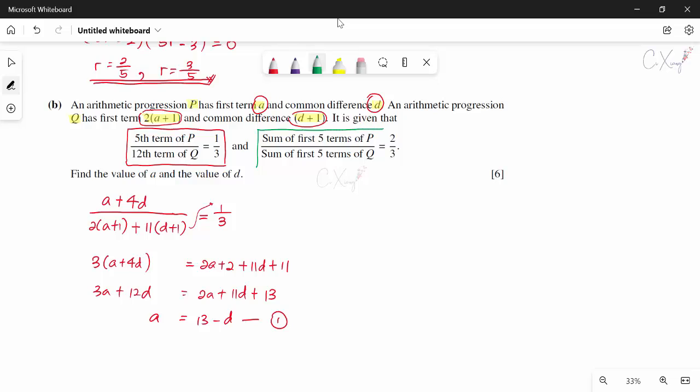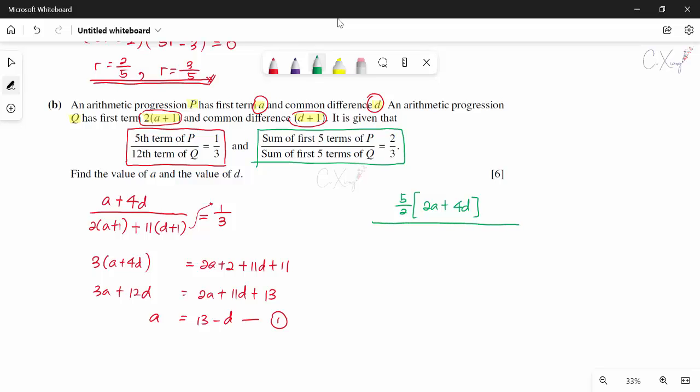The second information is given like this. Sum of the first 5 terms of P, so S5. S5 means n divided by 2, times 2A plus n minus 1 D, where n minus 1 is 4, and D is the D for the P. Then now for the Q, sum of the first 5 terms also.